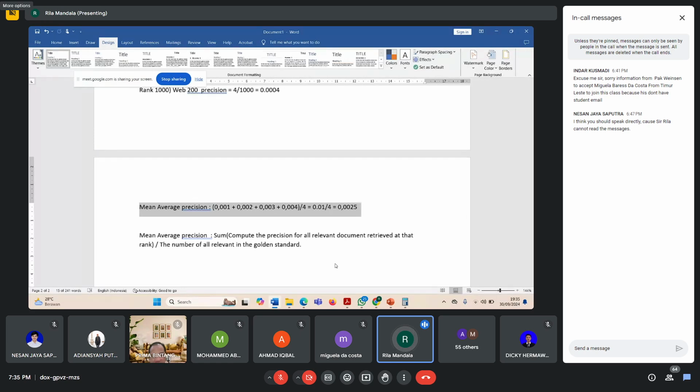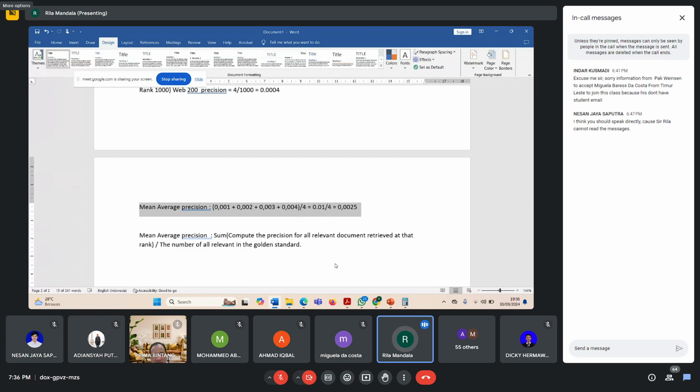So the mean average precision is the performance evaluation metric that considers the rank, but precision and recall don't consider the rank. In a search engine, rank is very important.